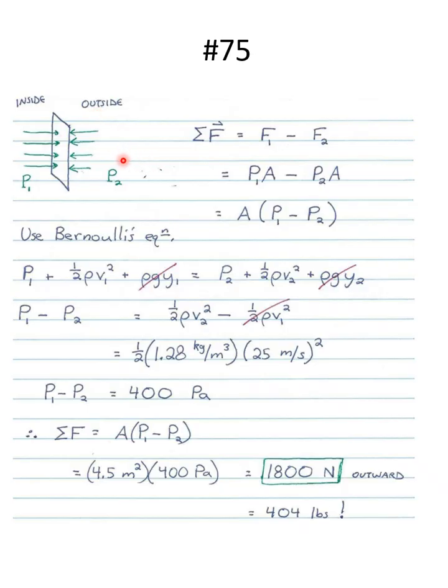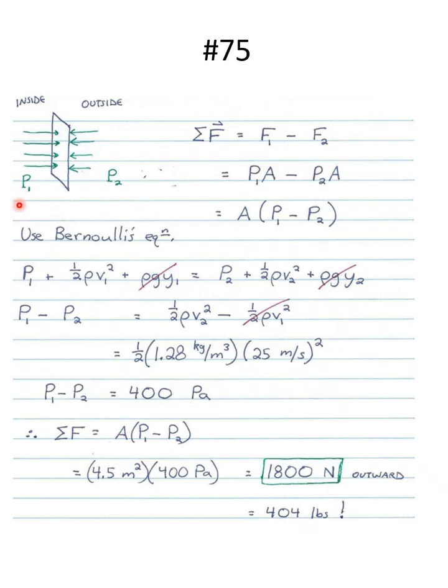Notice the wind doesn't push in. It's not blowing into the window, but it's just blowing across the window. But that speed of the air is going to change the pressure. And we want to know the magnitude and direction of the force on the window. All right, so the net force is going to be F1 minus F2.